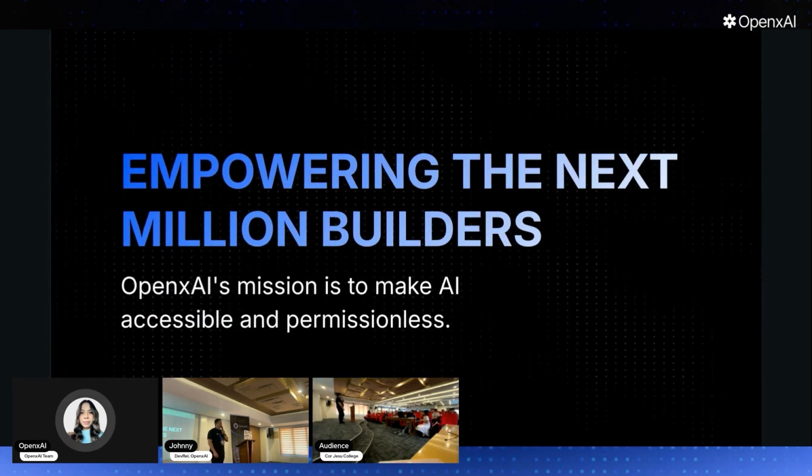Again, we're trying to make OpenxAI and AI in general accessible and permissionless for everyone here. So you don't need a middleman to give you permission. You can just create a wallet. You don't need the bank's permission, and then you can just build an app, using the Base wallet for people to connect to it.